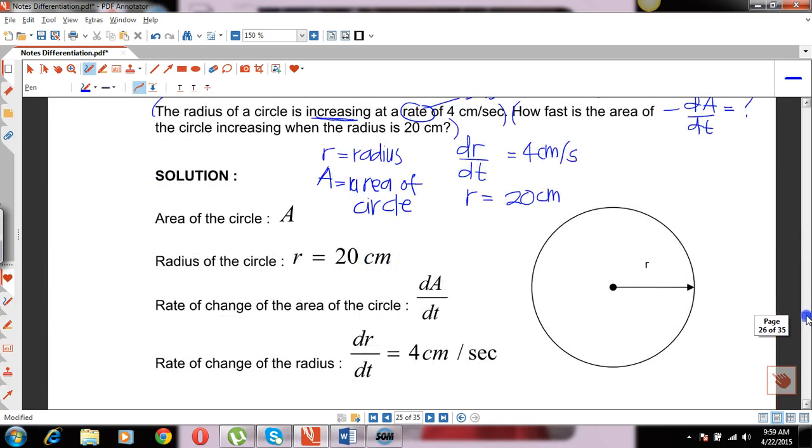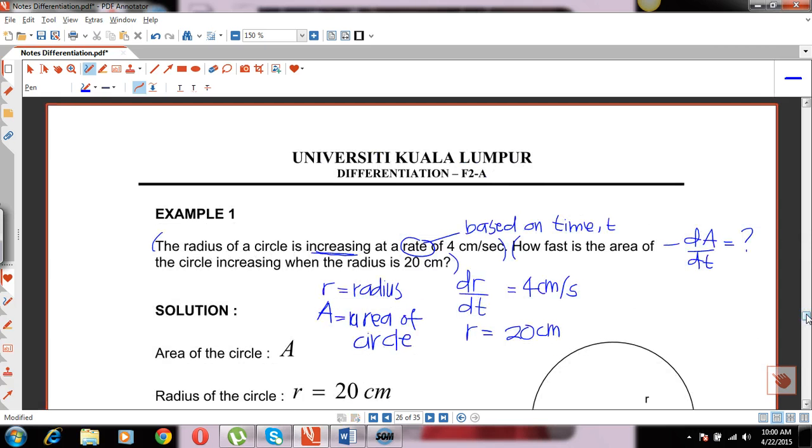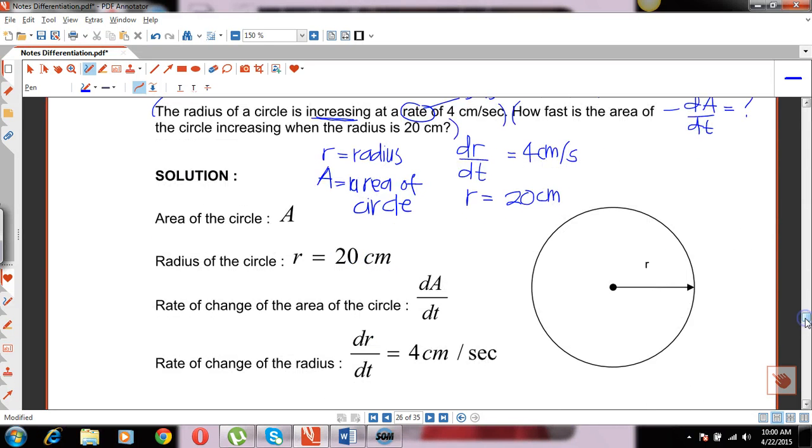relates to this problem is the formula for the area of the circle, which is pi r squared. So area of the circle equals pi r squared.